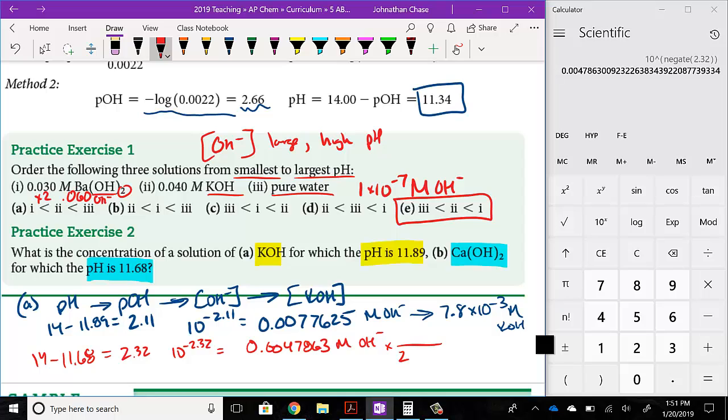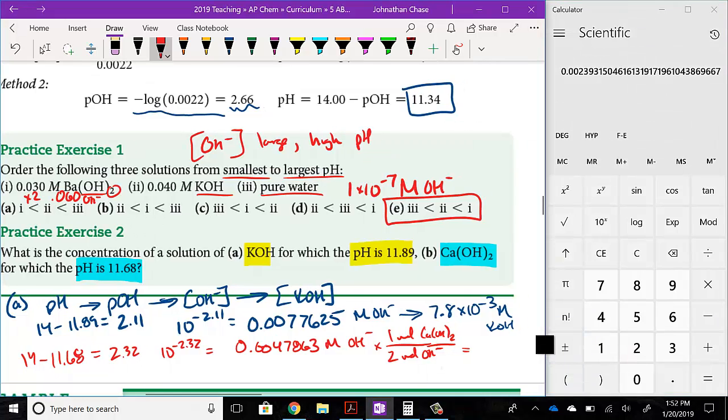Now there are 2 moles of hydroxide for every 1 mole of our calcium hydroxide. So this time I divide by 2 in order to do this conversion. So take your answer there, divide by 2, and I should have 0.00239. I'm going to round that off and put it in scientific notation. 2.4 times 10 to the negative third molar calcium hydroxide.